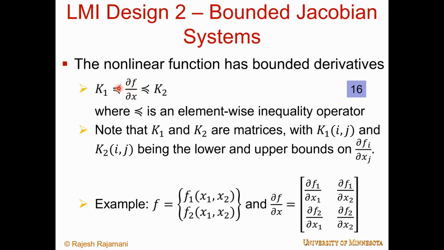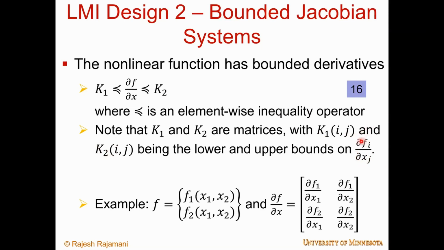This is an element-wise inequality operator. If you look at dou Fi by dou Xj, then K1 of i,j is less than or equal to it, and K2 of i,j is greater than or equal to it.